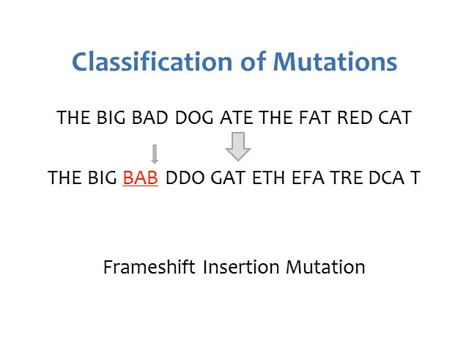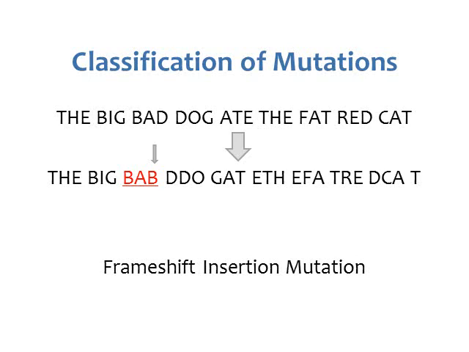Another type is called a frame shift insertion mutation. So again, we have the big bad dog ate the fat red cat. In this instance, in the word bad, so in the third word, in between the A and the D, we inserted a B. So we inserted a nitrogen base. So now that caused our sentence to have an extra letter.